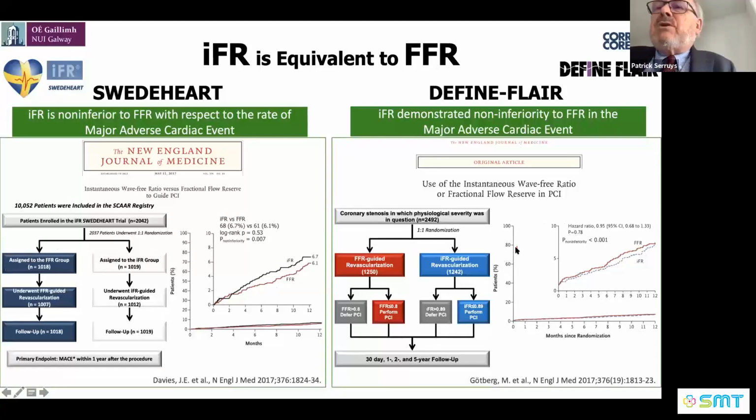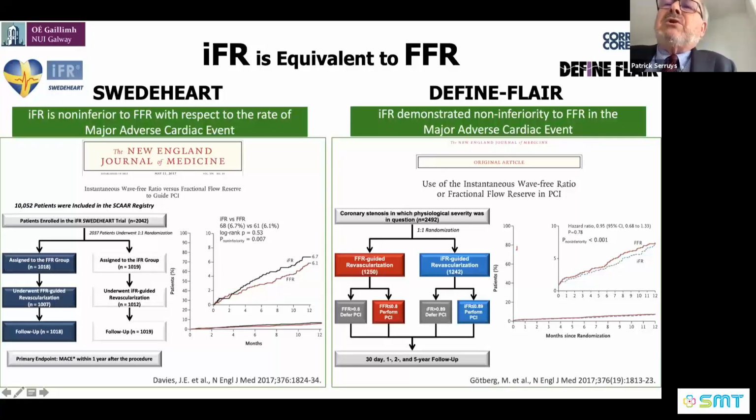Then, as we mentioned, there was this fractional flow reserve necessitating the administration of adenosine to create hyperemia, but then Justin Davies introduced the iFR, which does not need the reactive hyperemia. There was a big debate: is one better than the other?